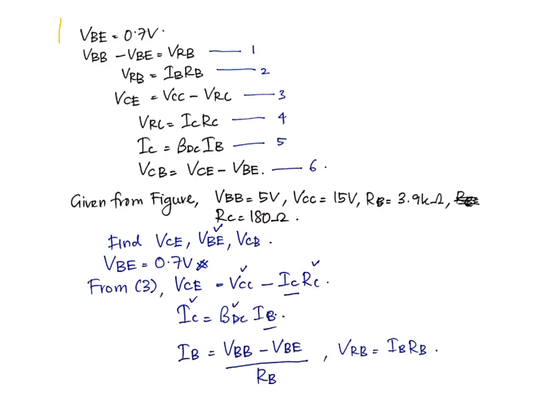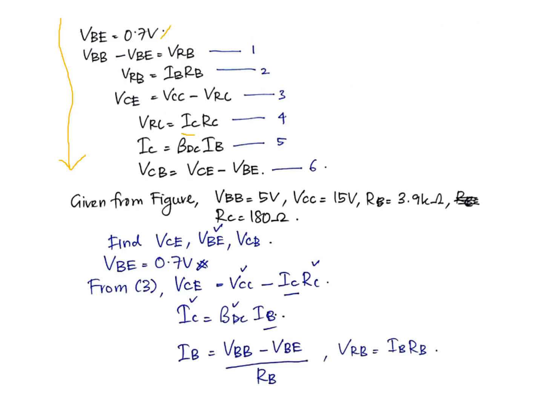Now this is the list of equations for an NPN transistor: VBE is equal to 0.7, VBB minus VBE equal to VRB, where VRB is equal to IBRB, VCE equal to VCC minus VRC, where VRC equal to ICRC, IC equal to beta DC times IB, and VCB equal to VCE minus VBE.